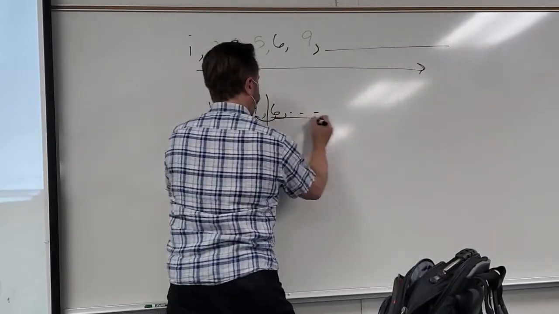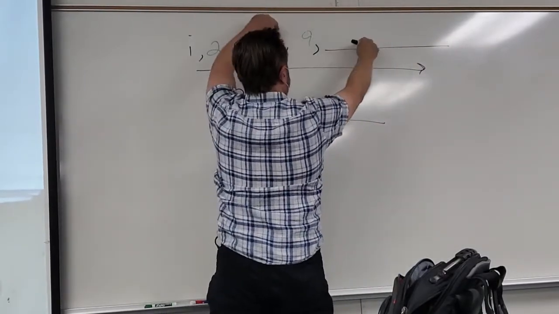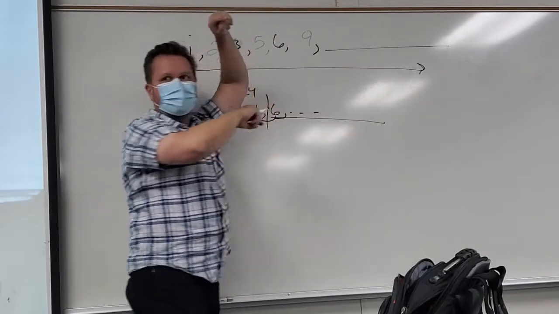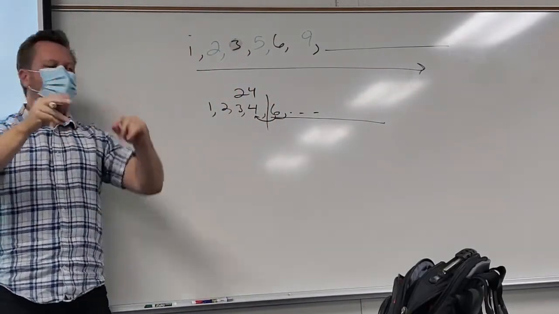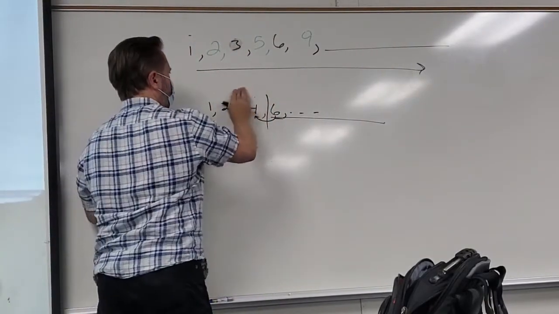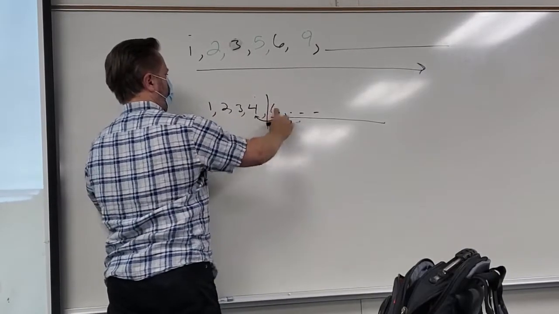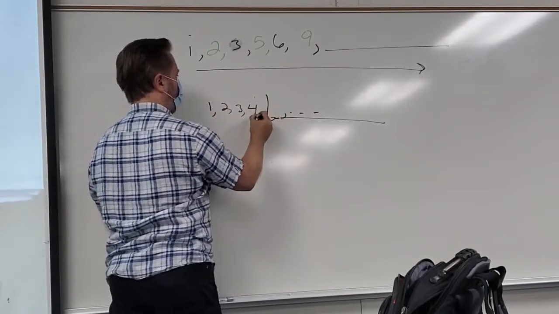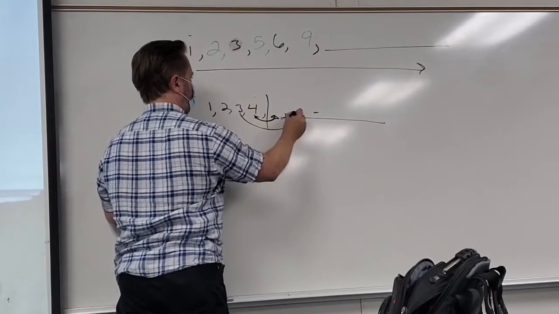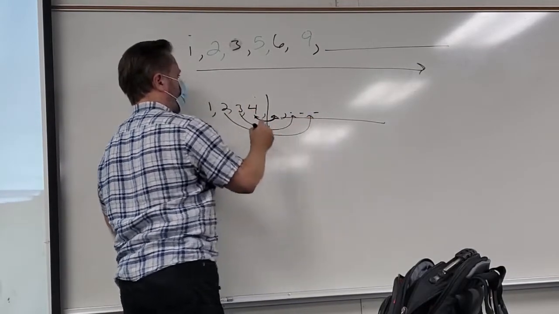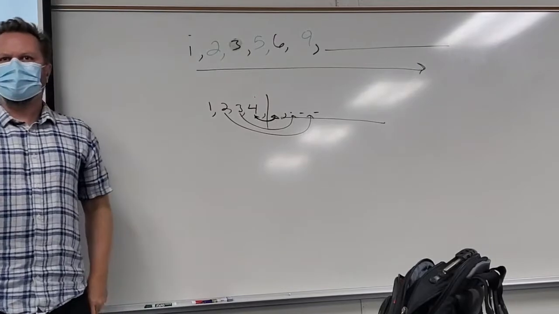There's that other half that you've got to figure out. And what are you going to do? If I didn't tell you this was 24, and I gave you this, you'd have to figure out 4 times something is the same as 3 times something is the same as 2 times something. You'd have to kind of tease out what that number might be.